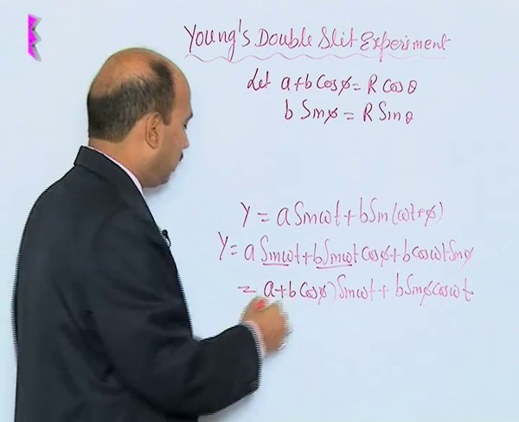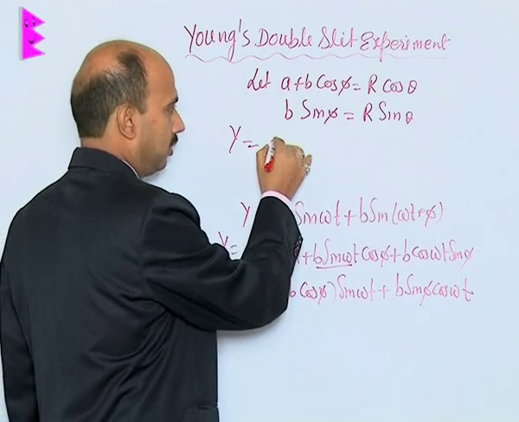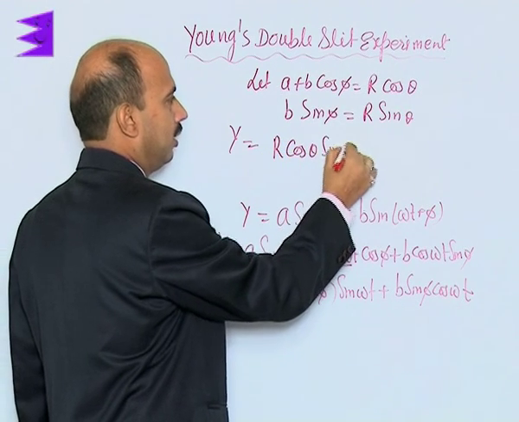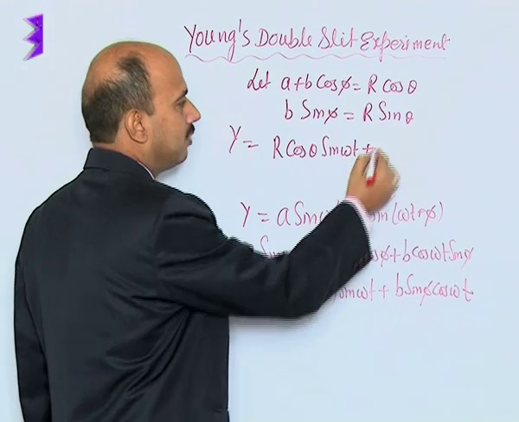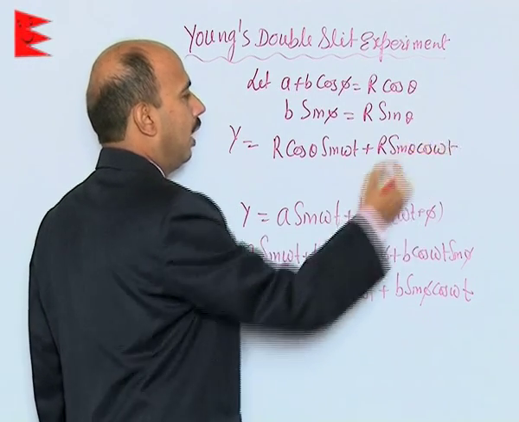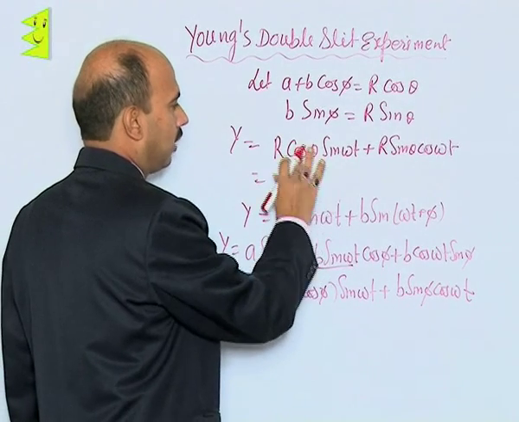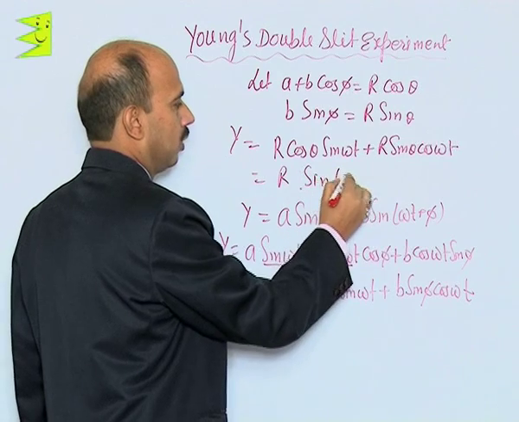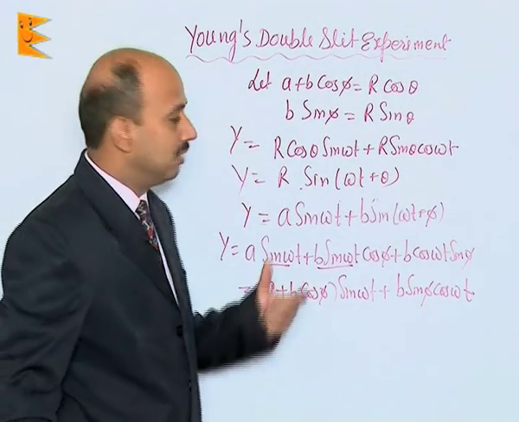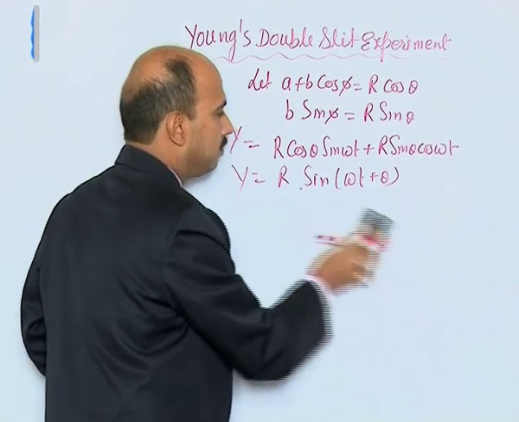So now the resultant wave can be written as r cos theta sin omega t plus r sin theta cos omega t, and we can write this as r sin of omega t plus theta. So this is the equation for the resultant wave obtained after superposition.